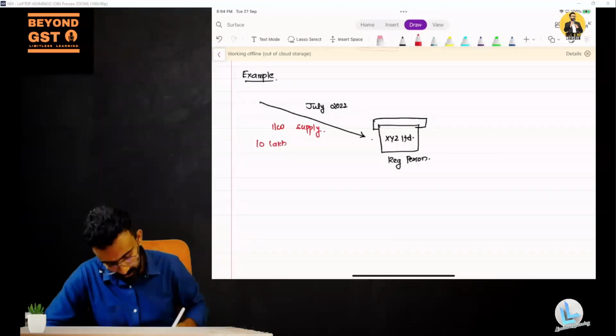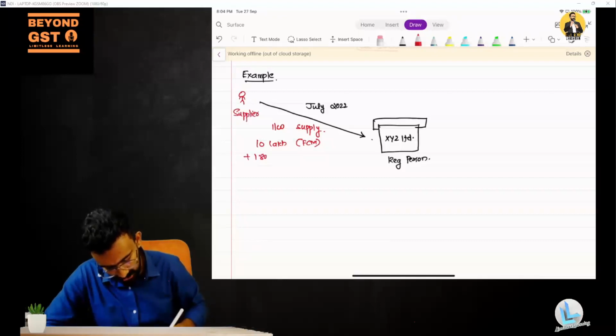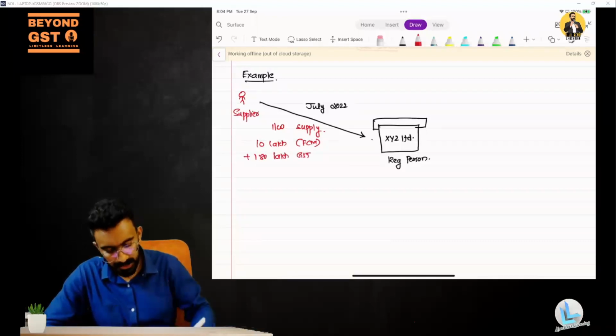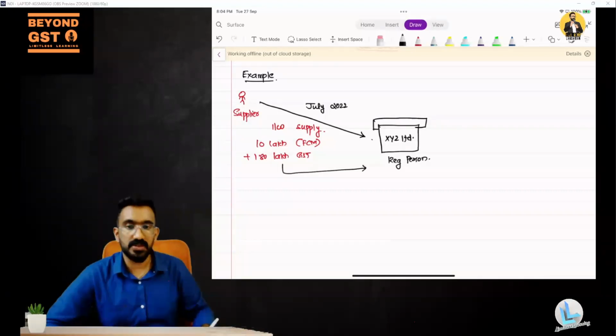It was taxed under forward charge mechanism. So they paid money to the supplier, 10 lakh plus 1.8 lakh GST. Question number 1: can this XYZ Limited take ITC of this 1.8 lakh?